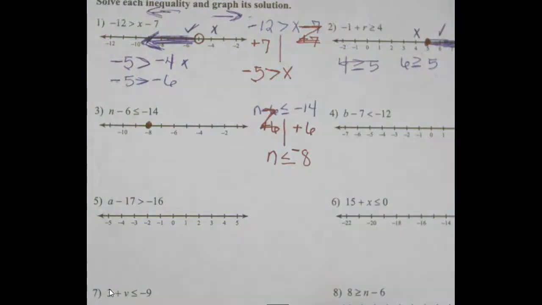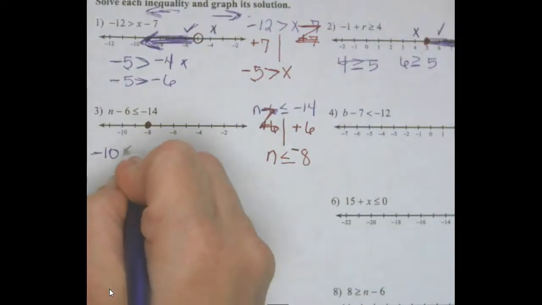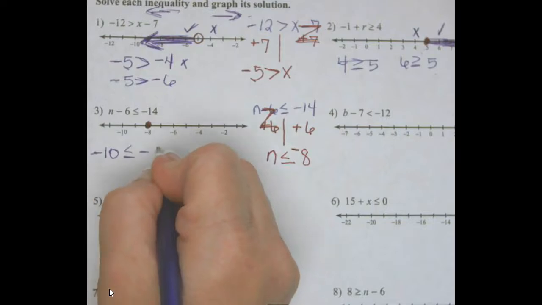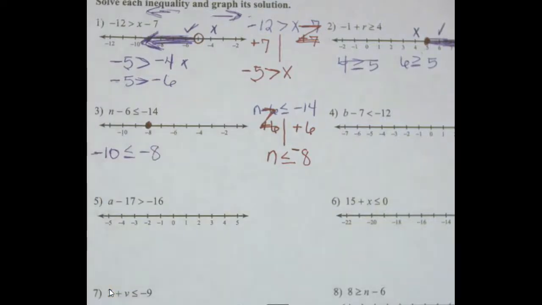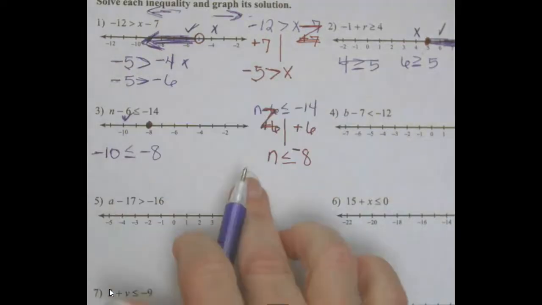So let's check each side. Negative 10 is less than or equal to negative 8. Is that statement true? Yes. So let's check the other side.